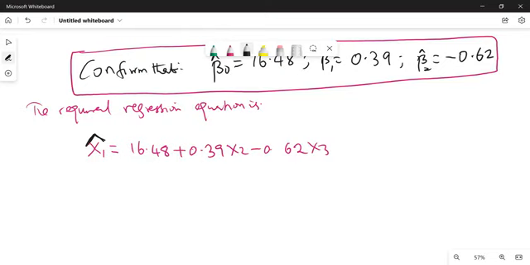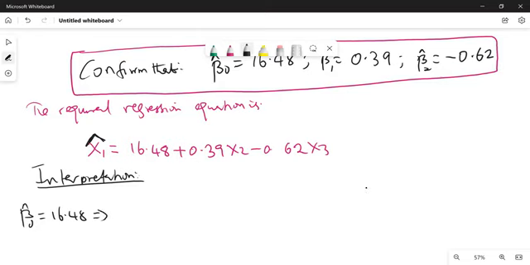So how do you interpret the regression coefficients? We start with the estimate of beta naught, which is 16.48.